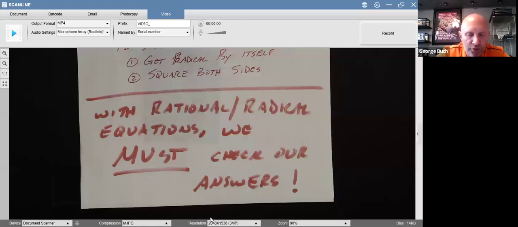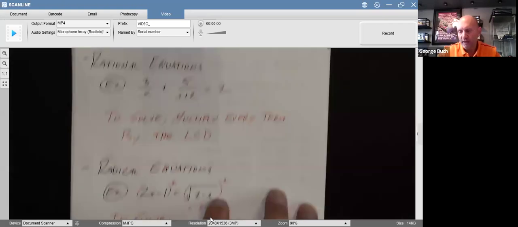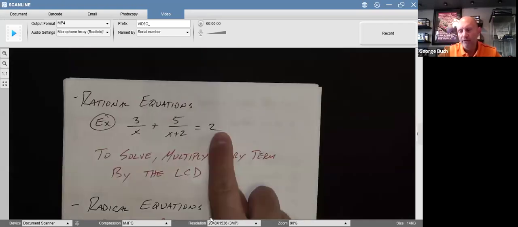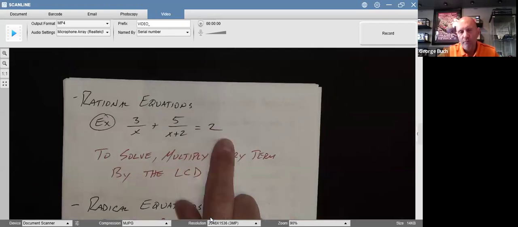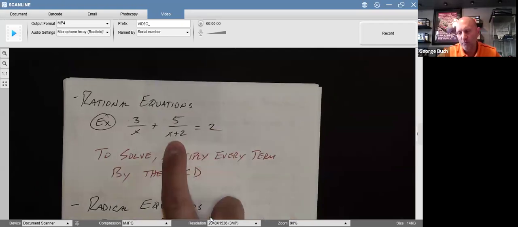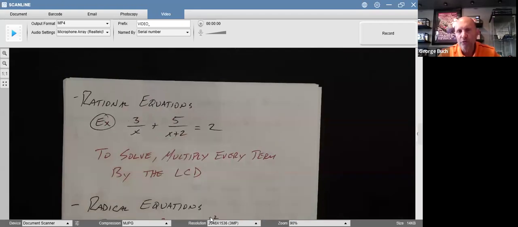With quadratic equations, if you don't check your answers, okay, that's up to you. But with rational equations or radical equations, we must check our answers. And the reason is that, let's say I solve this one and I get x equals -2. Well, that's not possible, right? I can't have x equals -2 because that would make this denominator 0, which is a big no-no. So you can't have a 0 in the denominator, so we have to check our answers to make sure that we didn't create that situation.